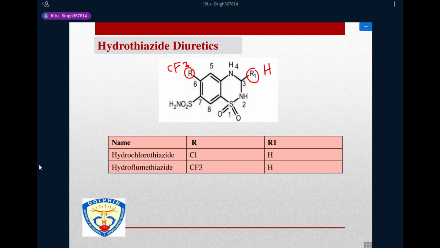So the saturation of this double bond at the third and fourth position increases activity. You can saturate this double bond.